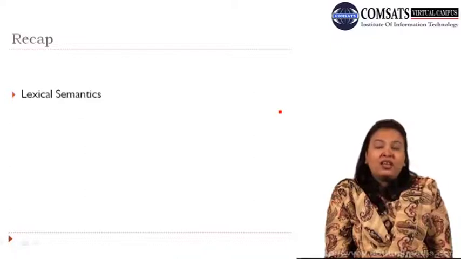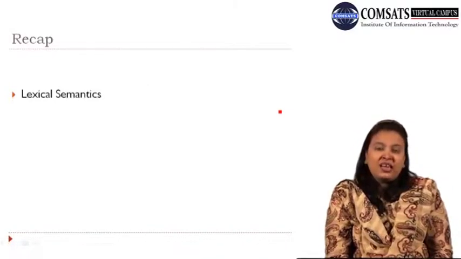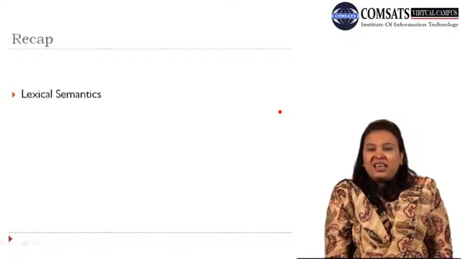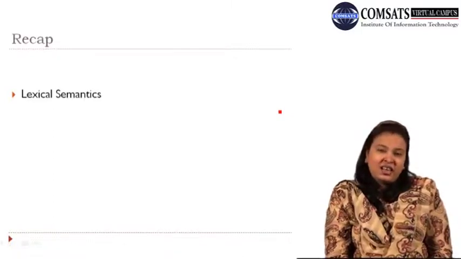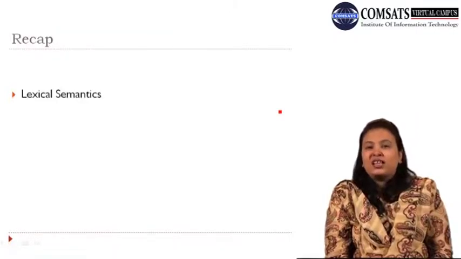Semantic features are where the words contain certain meanings inside them. For example, a boy is human, young, and male. So these meanings are contained inside the word boy. Such features are known as semantic features of words.